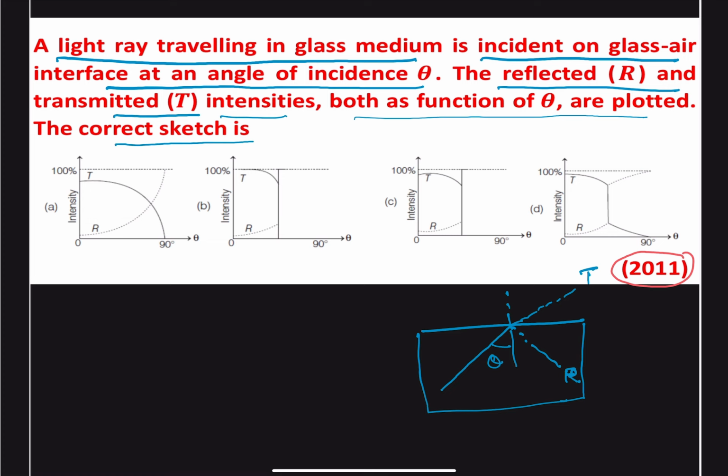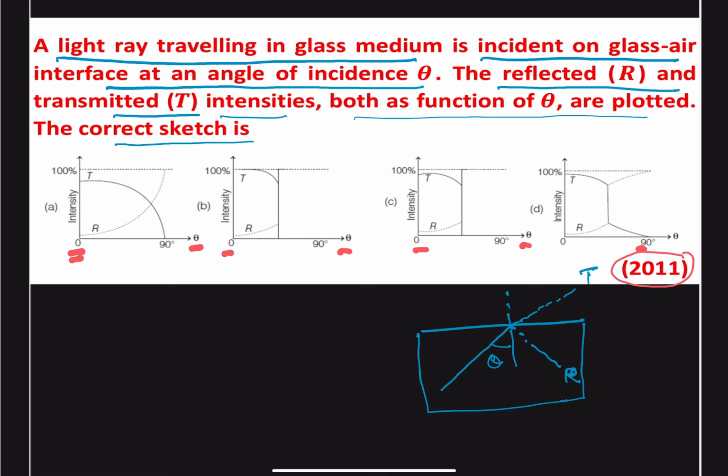From the graph we can understand that the value of theta starts at 0 degree. Okay. So theta 0 means the light ray is entirely perpendicular. If the light ray is entirely perpendicular, then the entire thing will be transmission.